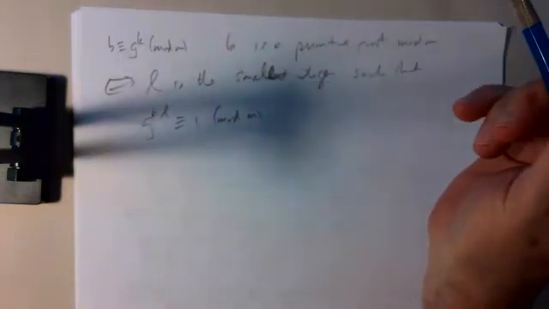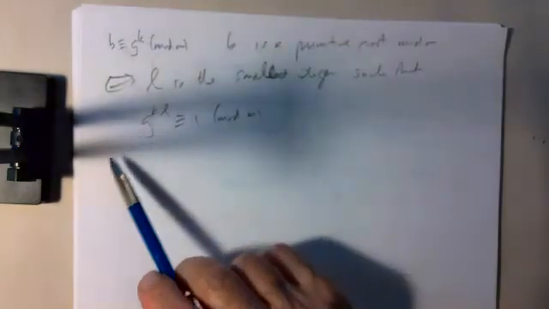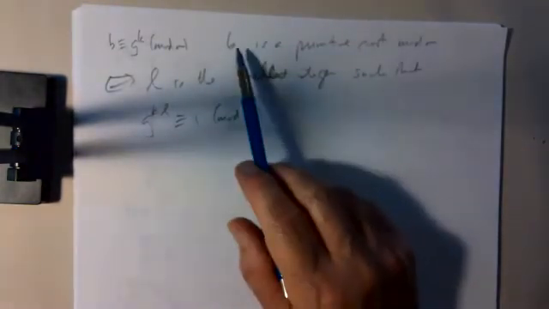Right? So b is g to the k, and b has order L, and it's a primitive root.